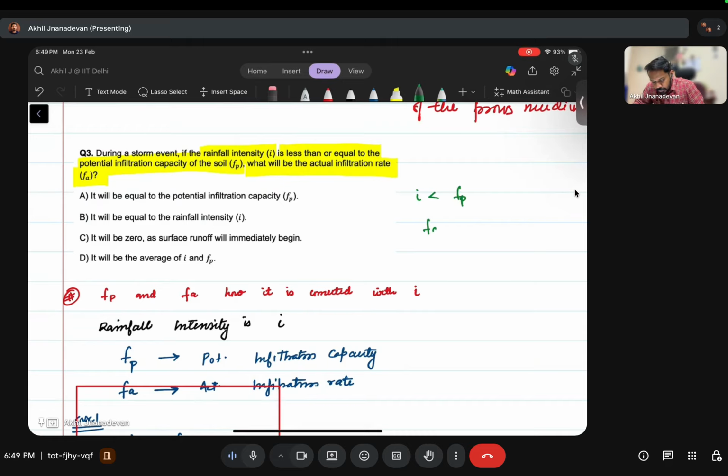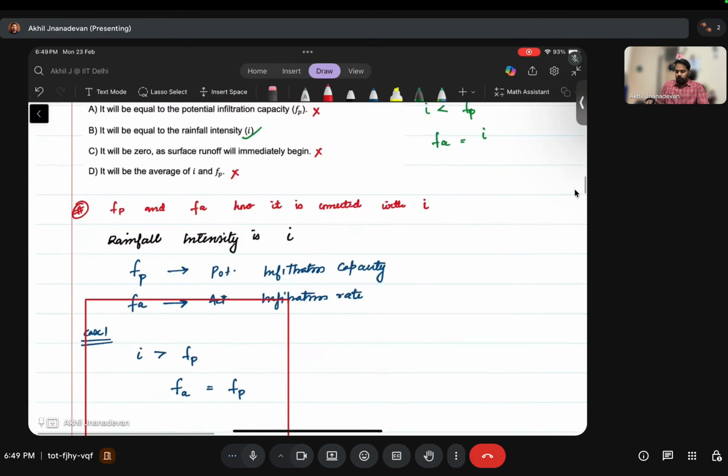So FA we already know will be equal to I. And they are asking what FA is. It will be equal to potential. So the first one is wrong. Equal to the rainfall intensity, yes. All the rest of it is equal to 0, that is wrong. It is the average of I and FP, that is also wrong. Okay.